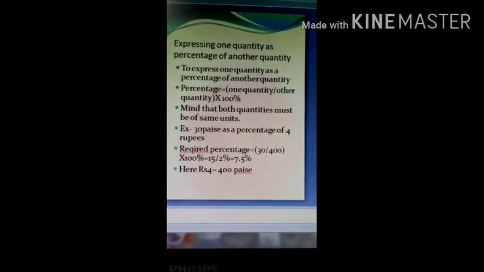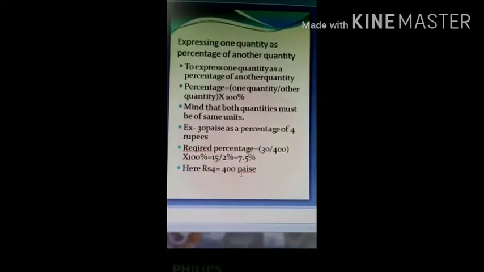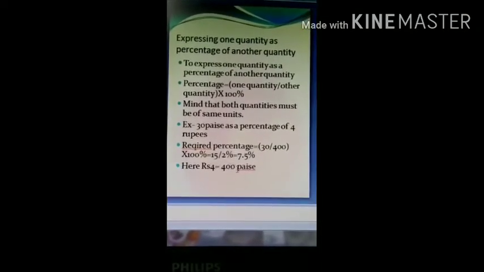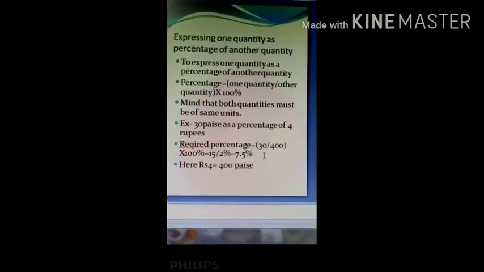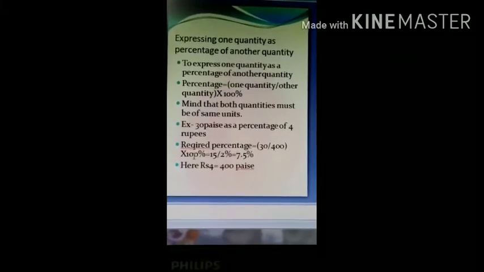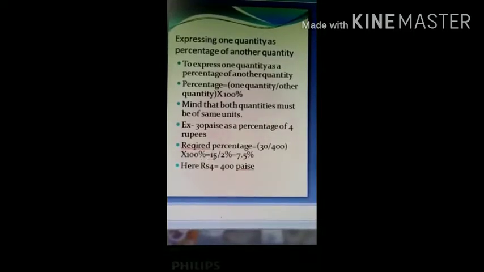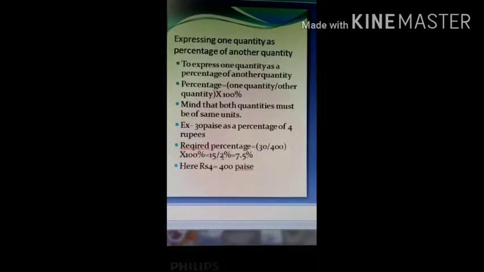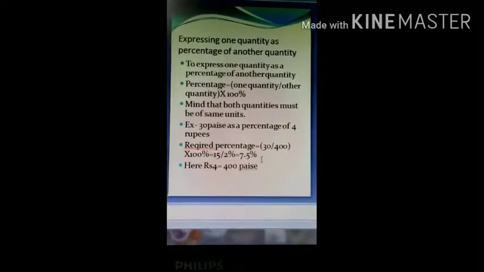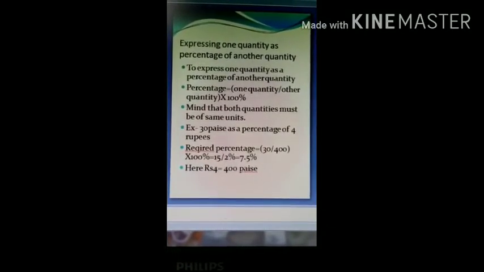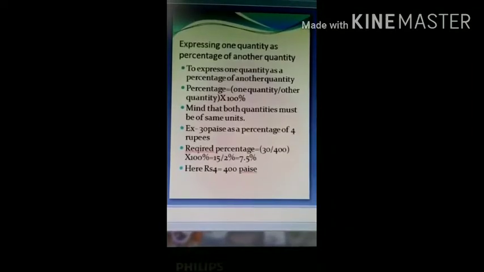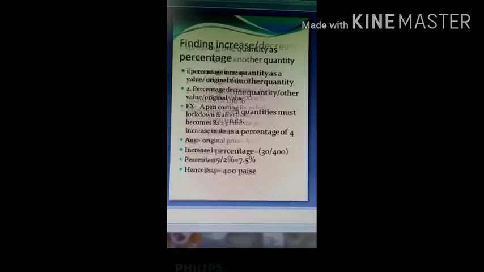That is, 4 rupees equals 4 into 100 paise, that is 400 paise. So the required percentage will be 30 by 400 into 100%. After calculation we will get 15 by 2% or 7.5%. Okay. So we can easily express one quantity as a percentage of another quantity.